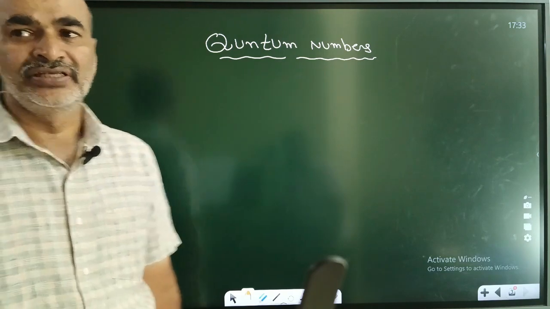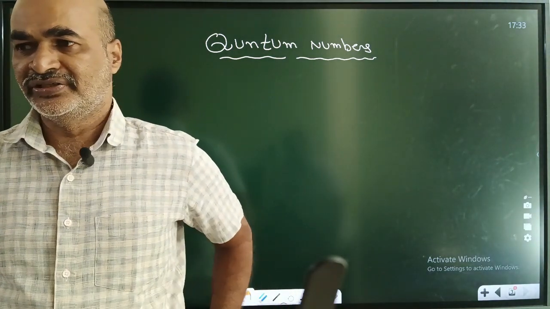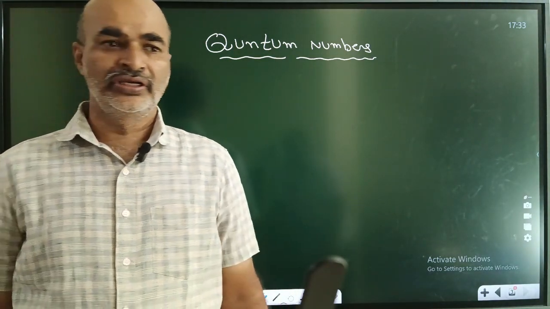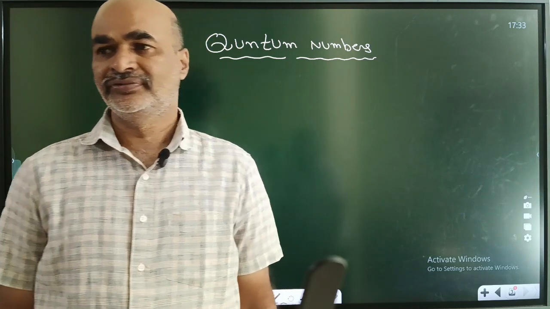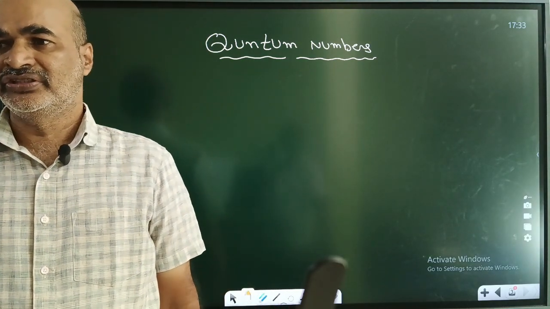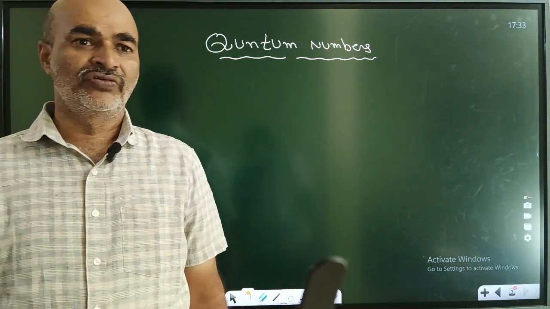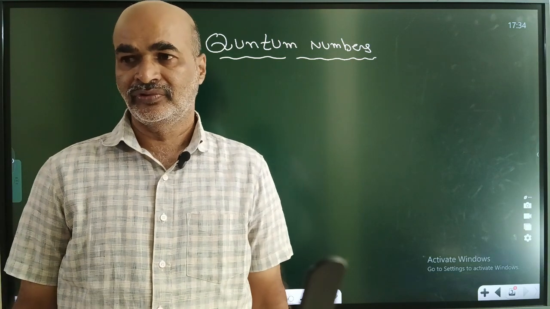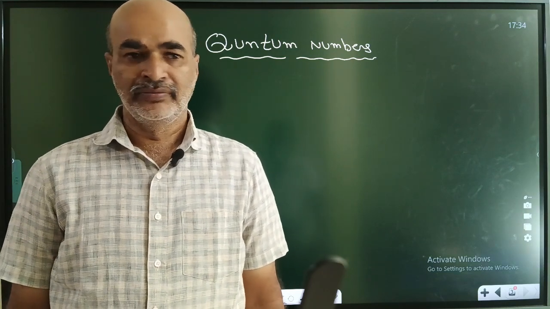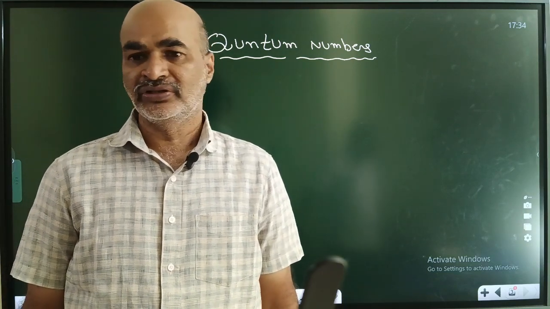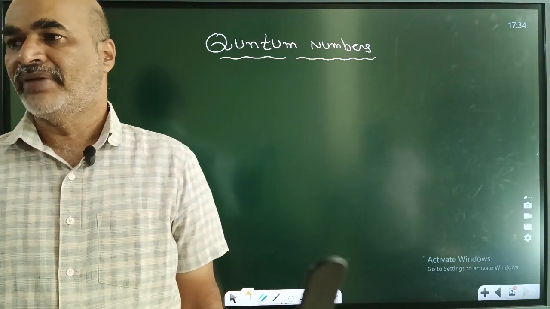Quantum numbers. Yesterday you discussed the Schrodinger wave equation. When it is solved, three quantum numbers are obtained: principal, azimuthal, and magnetic.